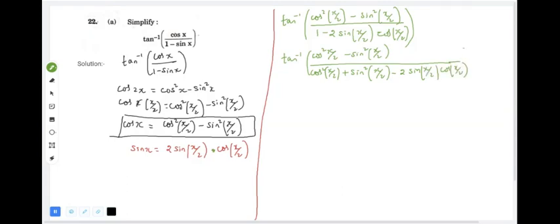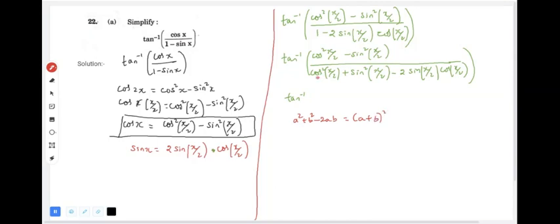So we get this term. It is in the form of a square plus b square minus 2ab, which can be written as a minus b whole square.